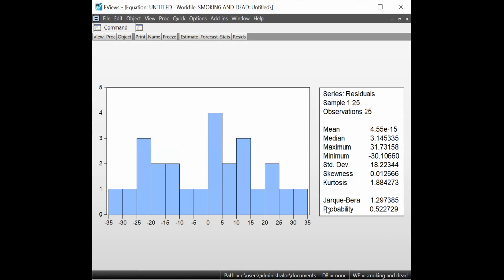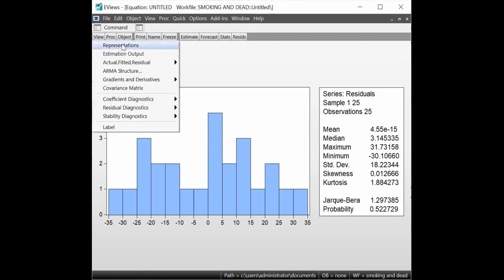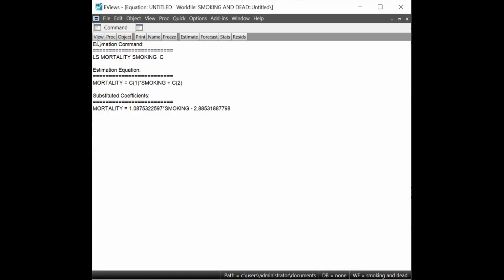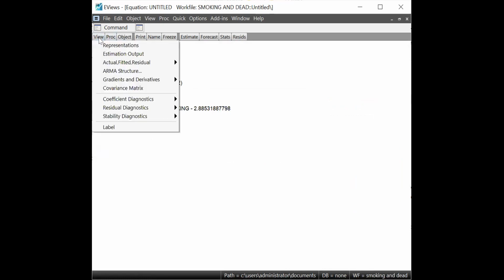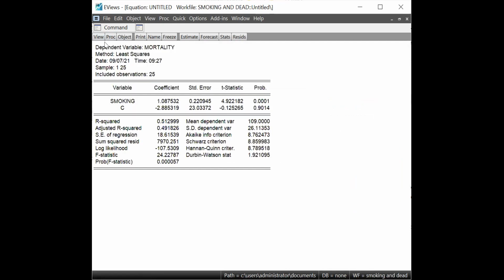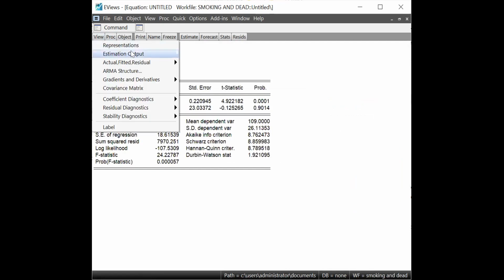Now we have probability 0.5, which is greater than 0.05. This means we do not reject the null hypothesis. This means our residuals are normally distributed. Okay, and then we have representations. Mortality is a function of smoking. And these are the estimated values.